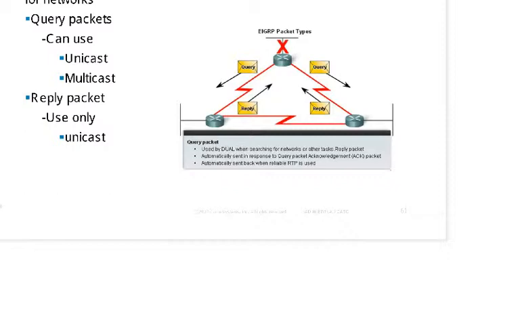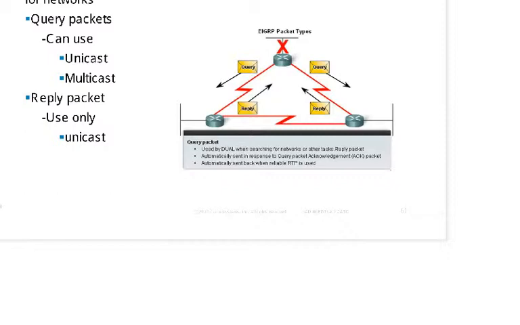So a query is another type of message that's used to proactively learn about the topology and learn about a different route for a network change that may happen.